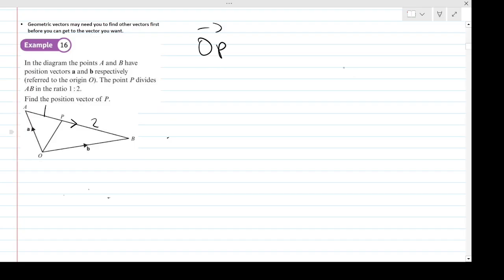So that's going to be that vector there, O to P. So obviously we can't go directly. So a very common theme then is we need to find another way using the information we've got. Well, actually, we can go from O to A, and then A to P, right? And then see what we can do. Okay.